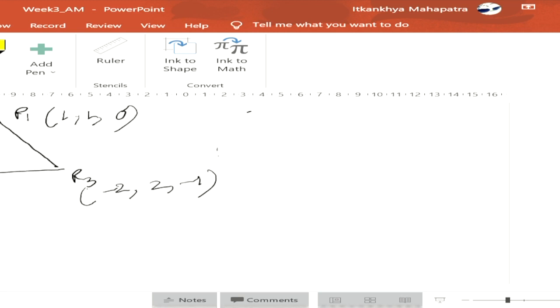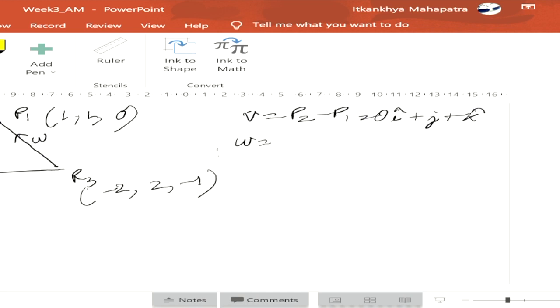Let's consider this as the v vector and this as the w vector. Now v is equal to P2 minus P1, and this will be 0 i cap plus j cap plus k cap.